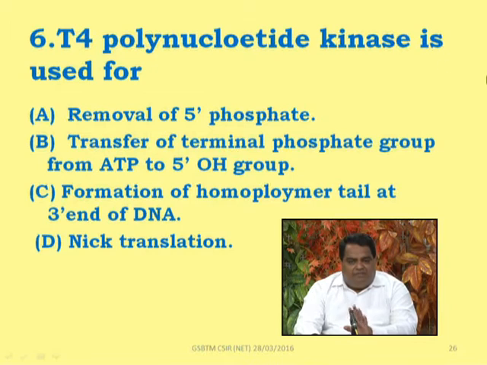So nick translation has nothing to do with translation, but it is the movement of the nick along the duplex DNA molecule, and it is one of the most common methods used for preparation of radiolabeled probes for hybridization analysis. So here polynucleotide kinase does not have any correlation. So the answer will be B, transfer of terminal phosphate group from ATP to 5' OH group.